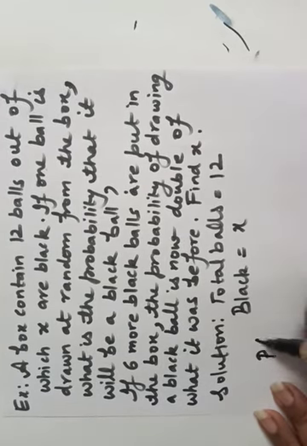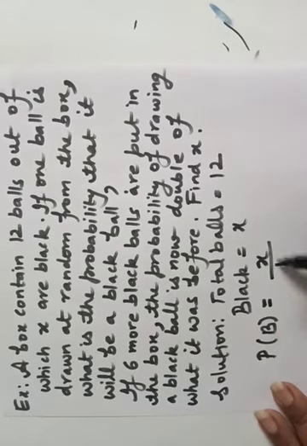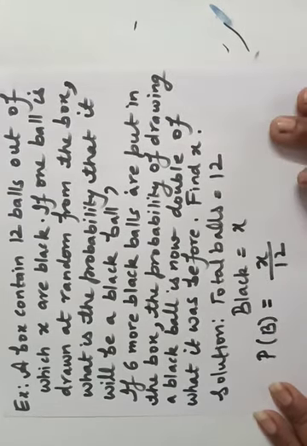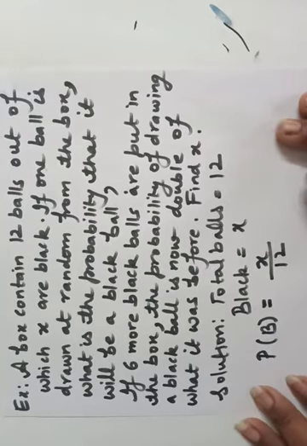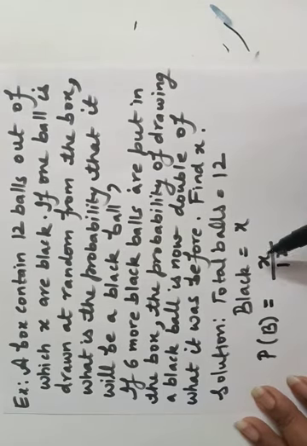So probability of a black ball will be x upon 12. As I already told you in the previous question, the formula of probability is favorable outcomes upon total number of outcomes. So x balls are there, and probability of black ball is x upon 12.